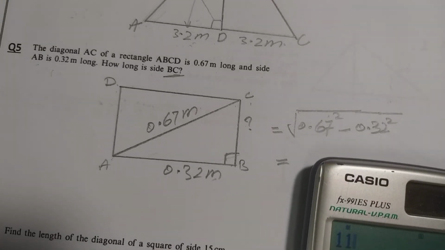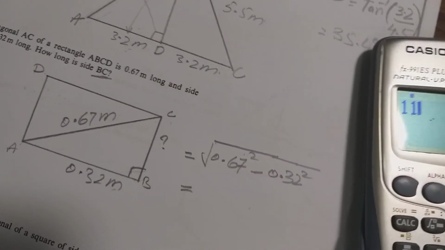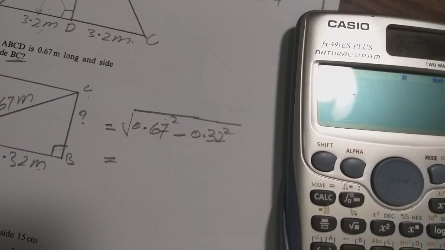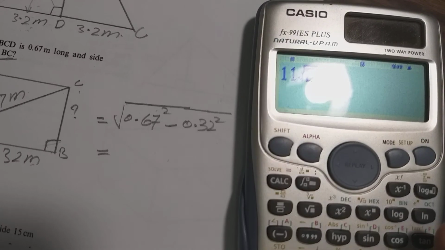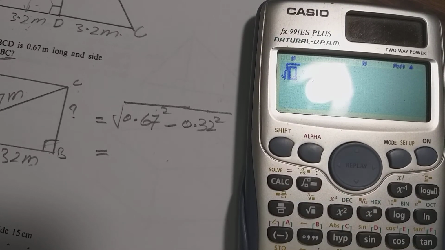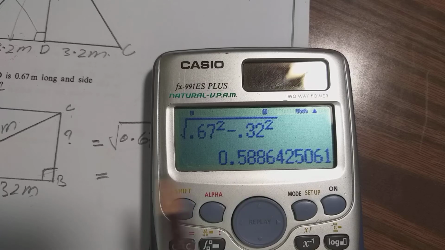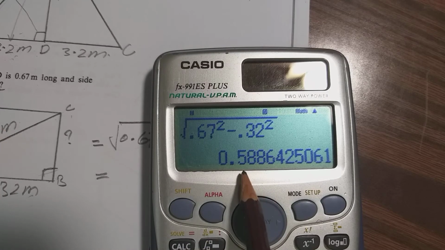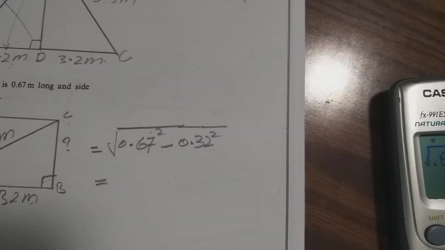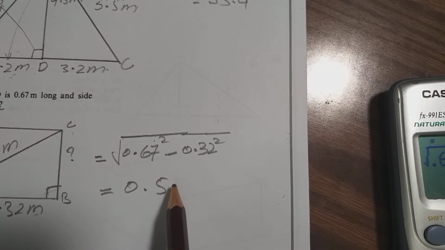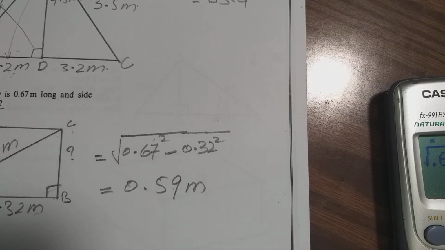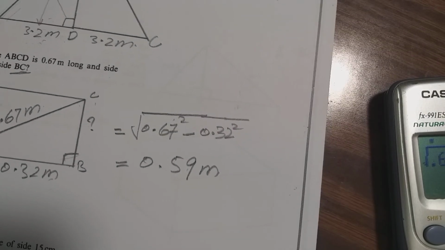So it would be 0.67 square minus 0.32 square, 0.5886. So after decimal, if we take two numbers, the rest of the numbers also, it becomes 5.9, rounded, 5.9 meter. So this is the short side.